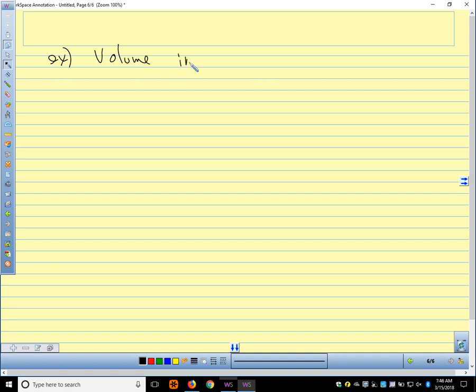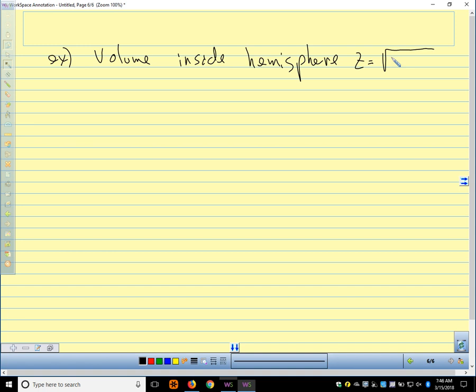We want the volume inside the hemisphere z equals the square root of 16 minus x squared minus y squared, and outside the cylinder x squared plus y squared equals 1.